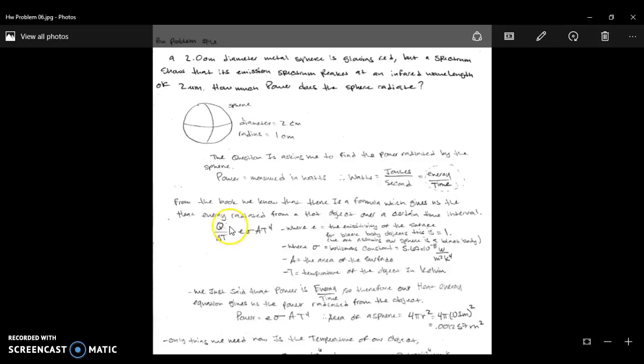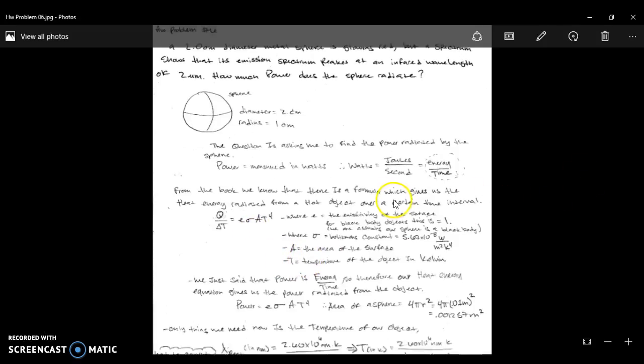We said in the book that black bodies have an emissivity of 1. So whatever it absorbs, it emits. And then we also have this sigma symbol. That's the Boltzmann constant, which is 5.67 times 10 to the negative 8 watts per meter squared Kelvin to the fourth. A is the area of the surface, which is just the area of our sphere. And T is the temperature of the object in Kelvin, which we'll have to find later.